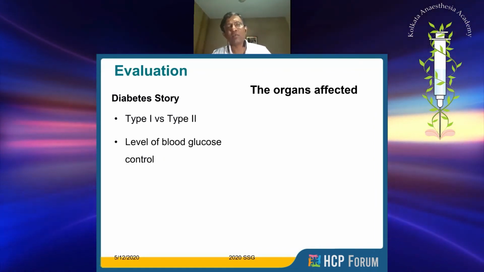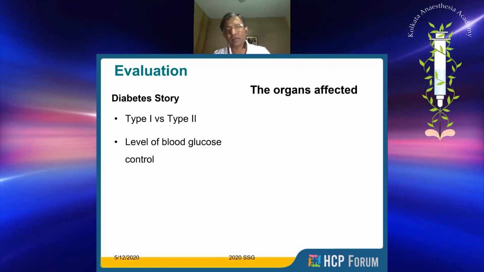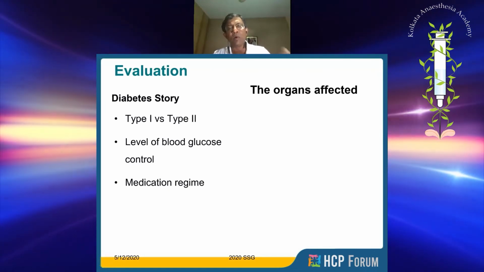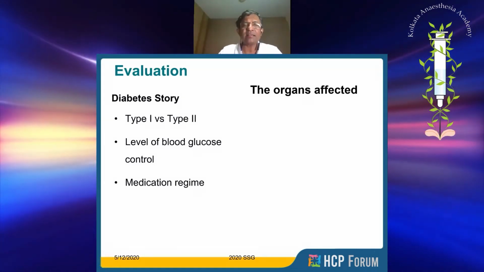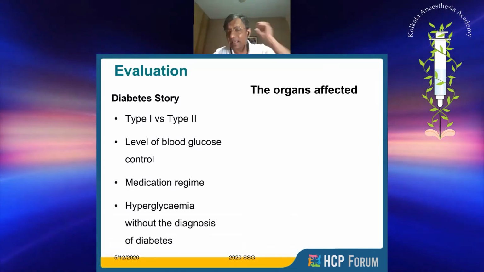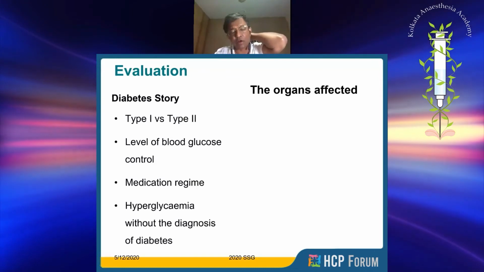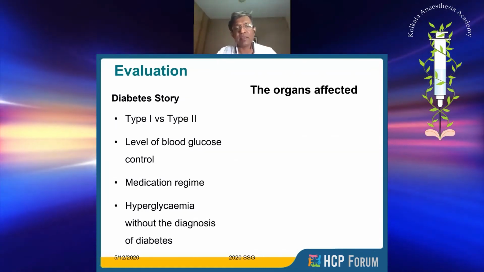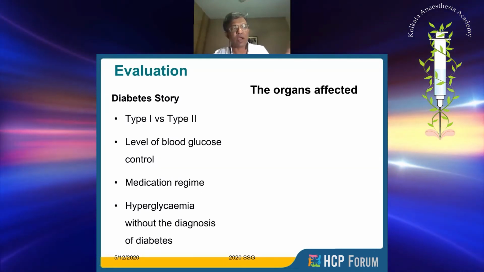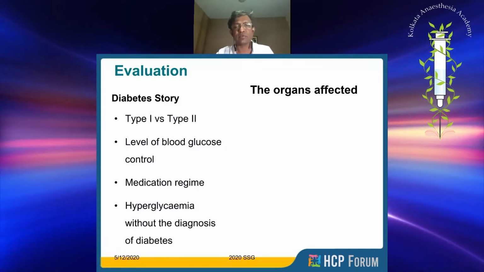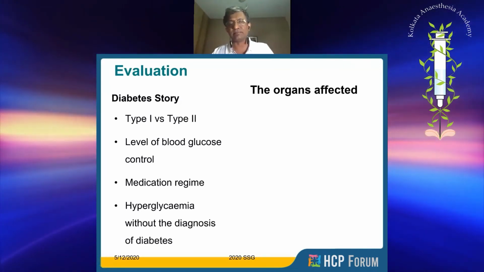Then, yes, you want to figure out how good or bad the blood glucose control has been, what kind of medication regime this person has, and whether the person has something which people have started recognizing a lot these days: hyperglycemia per se without a diagnosis of diabetes. And why it is important to realize that, you'll soon see, because this group of patients can be extremely troublesome.